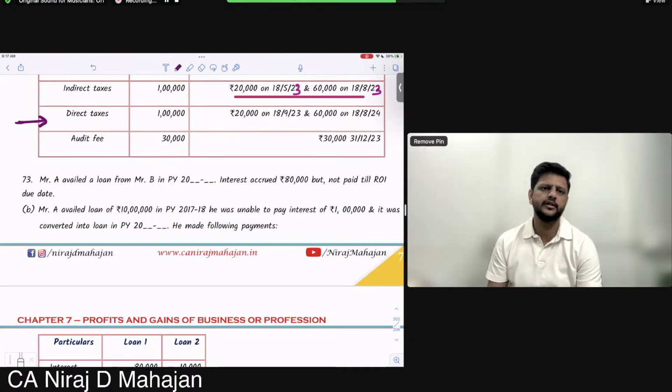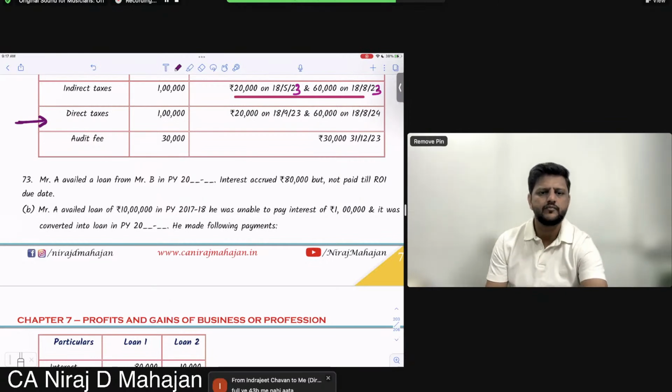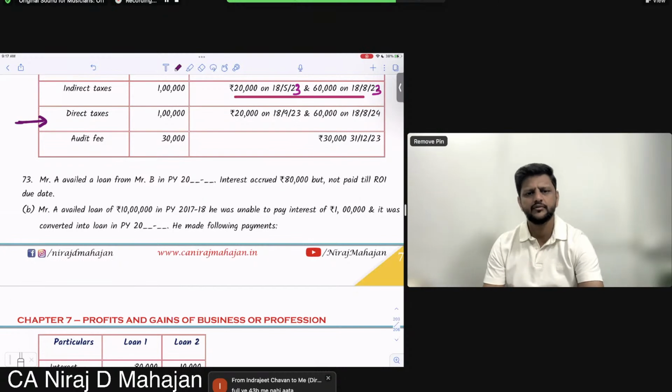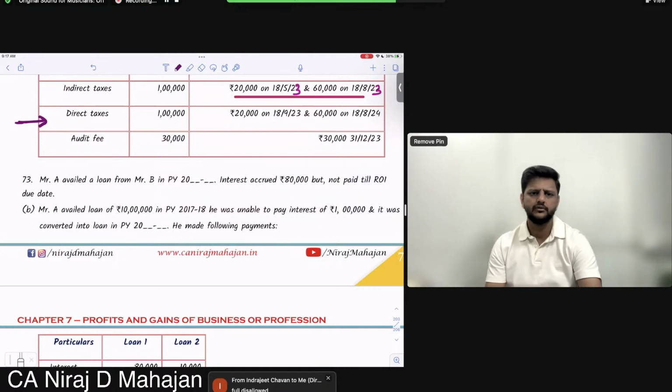Total disallowance in the 22-23 PY is how much? Direct tax is tax only. Any kind of tax it is written, okay? Direct taxes we are talking about. Nitin, tell me.